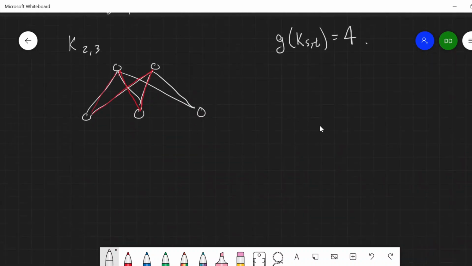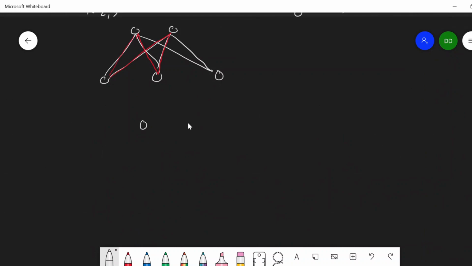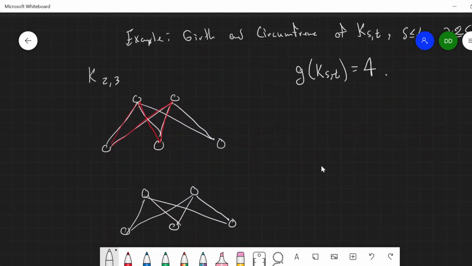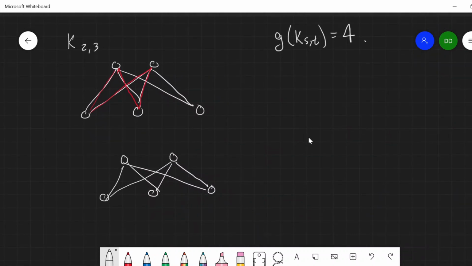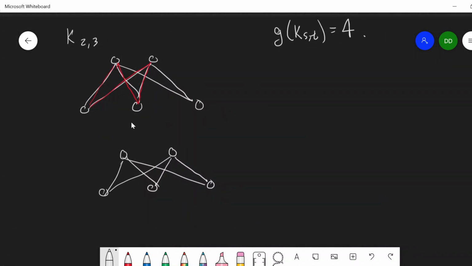What about the circumference? Let's again look at K2,3 as an example. What's the longest possible cycle I can have? If you think about this for a bit, you should find that you should start in the smallest partite set, so in the S vertices, the 2 here.